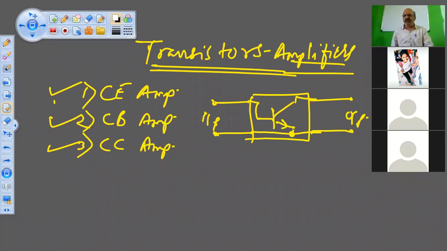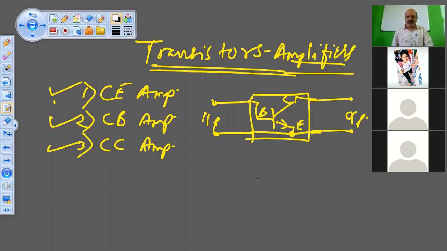Whichever terminal you make common, accordingly we call it common emitter amplifier, common base amplifier or common collector amplifier. Here emitter is common. This is emitter side, this is collector side, and this is base side. So it is a common emitter amplifier.